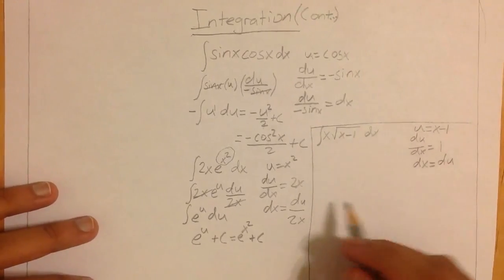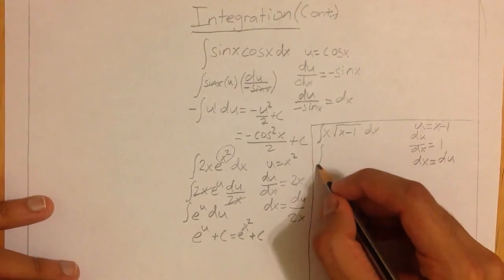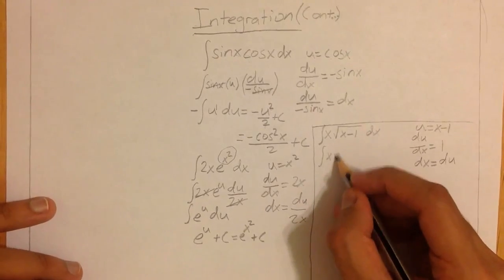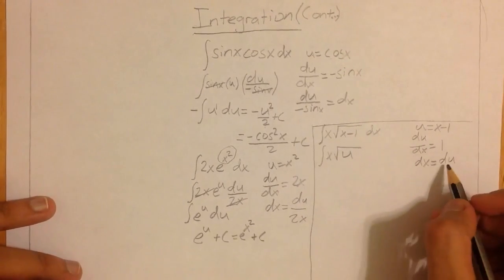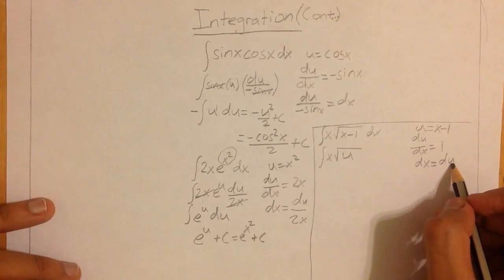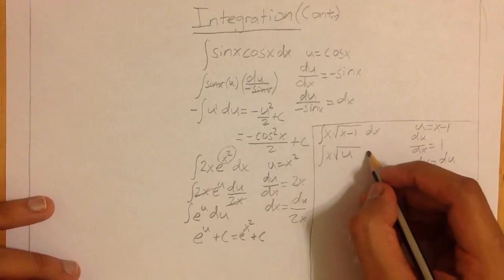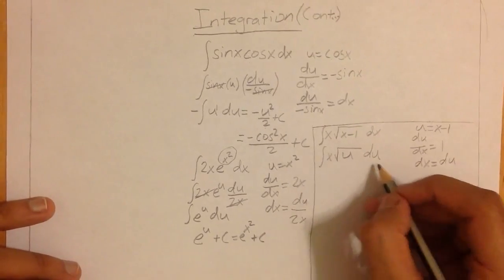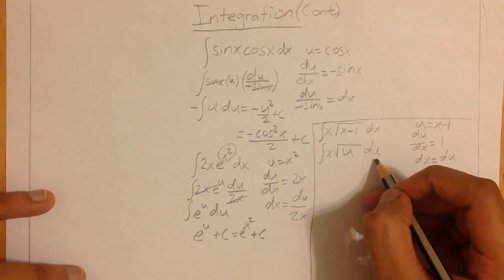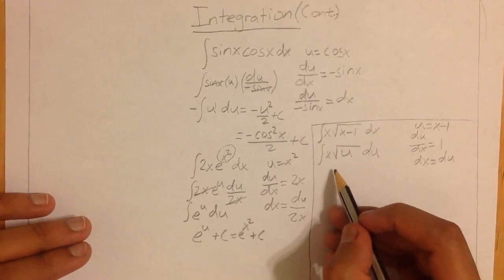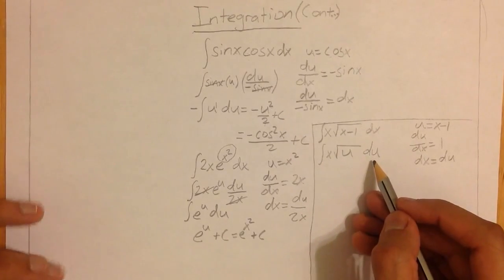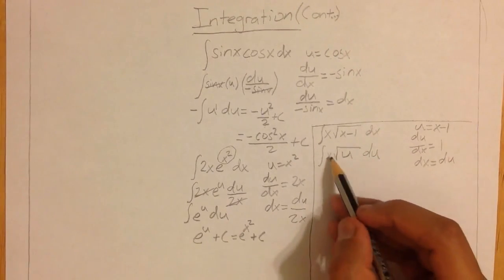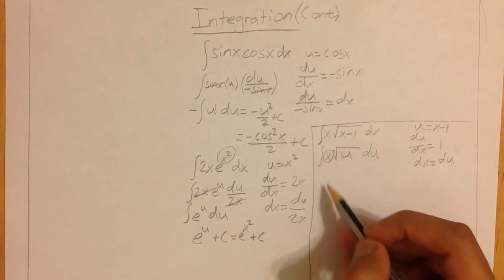So let's make our substitution now. The integral of x times the square root of u, substitute in du for dx, and we have this function, which should look a little strange, because it's not all in terms of u, so we can't just integrate this now. We have to do something about this x.